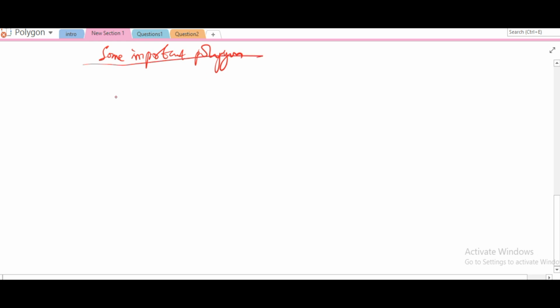But before then, a polygon is named by the number of sides. That's another thing you have to know. We name a polygon based on the number of sides. So I'll be preparing a table based on that. This is polygon, name of polygon.